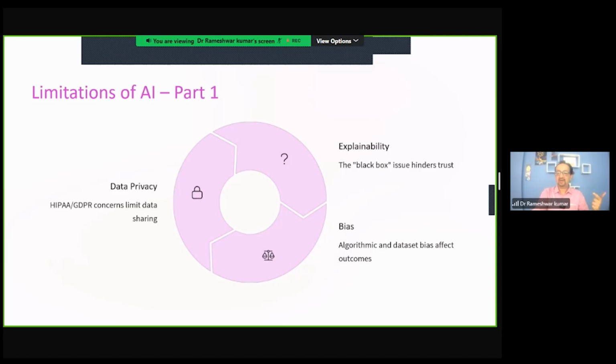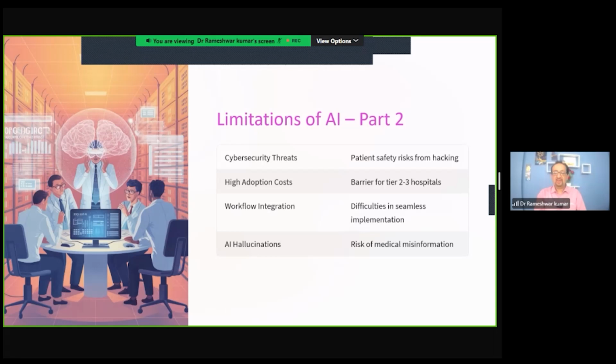Algorithmic biases or data biases are also very big challenges. Cyber security is also a big risk, even when you are doing continuous monitoring or relying on remote monitoring. The cost factor is a very big challenge, especially for adoption of these tools.